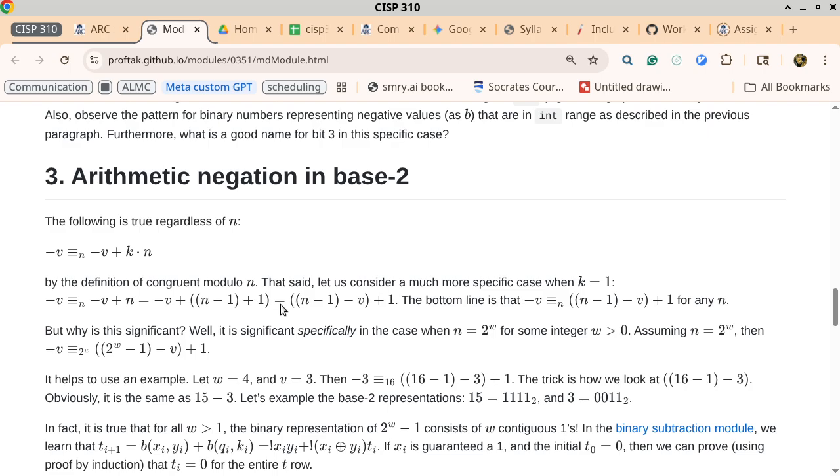All right, so I'm going to use the whiteboard to write out a few examples, and we'll start with something that we already know, which is 16, or w equals 4. When w equals 4, 2 to the power of w is 16, the whole thing minus 1 is 15. What is the binary representation of 15? We just talked about this earlier.